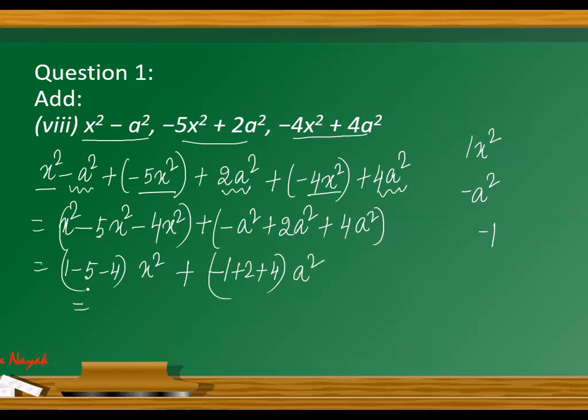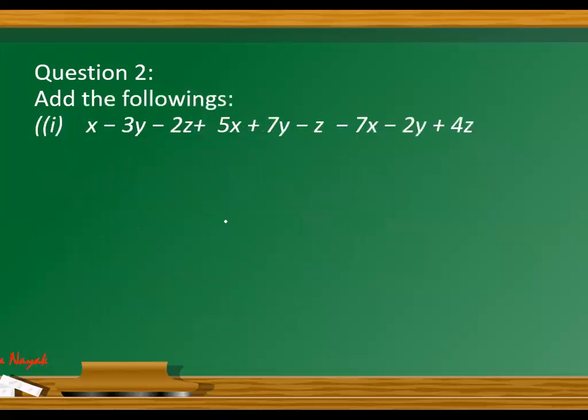So how much is this? It will be minus 8x square. This will be plus 5a square. Check it once. Minus 5 minus 4. Right? Correct.